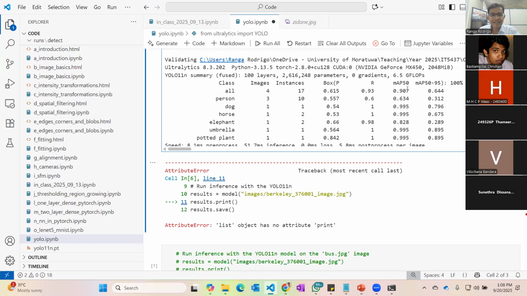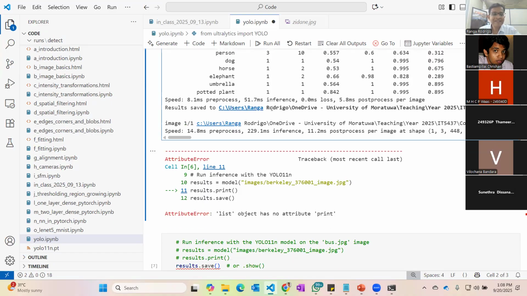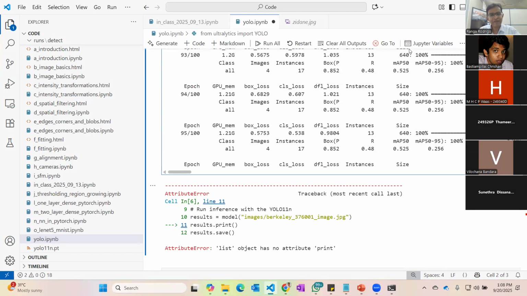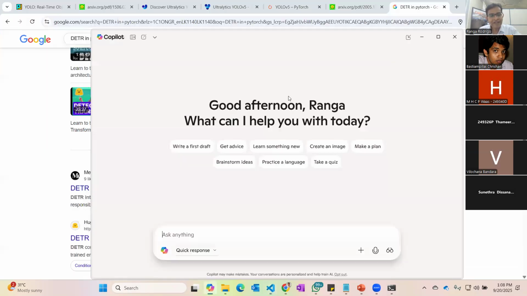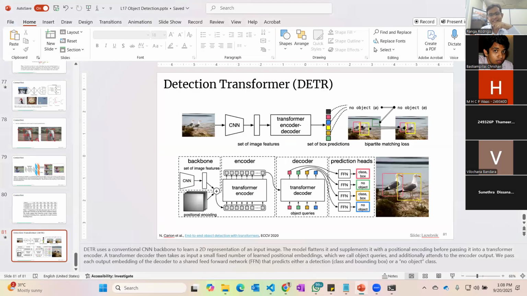So accuracy is there. mAP 50 is extremely high, you can see. So it's very easy to get them running. That's what I want to show you. I do not use this very much, but they are very easy to get used. Okay, that's all I want to talk about object detection.